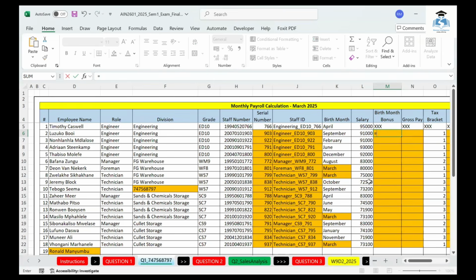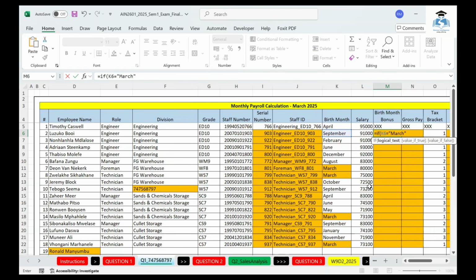It's equal to IF. No, you are testing the month. So you use K. You get it? If this one is equal to March, right?